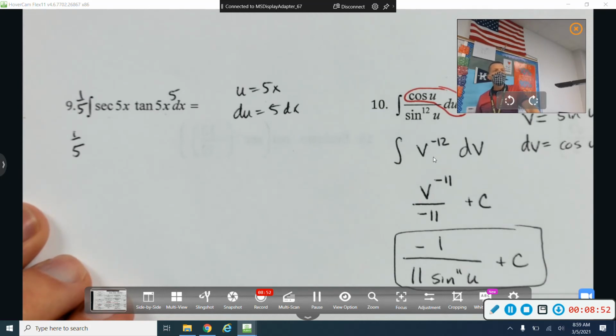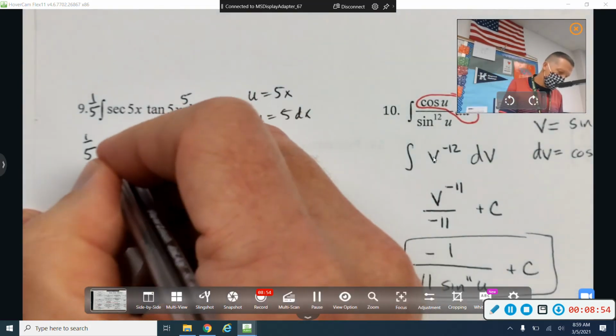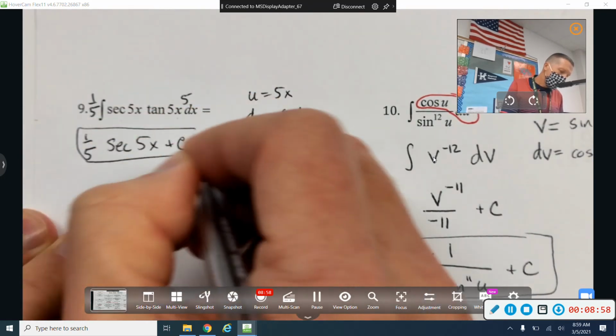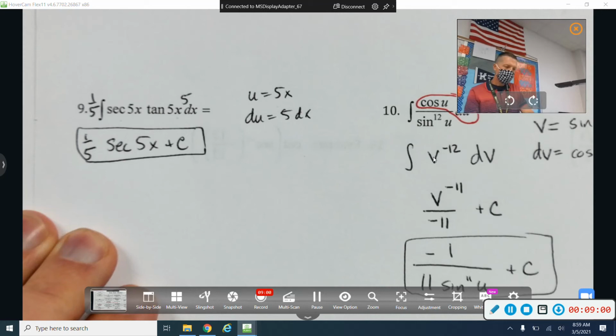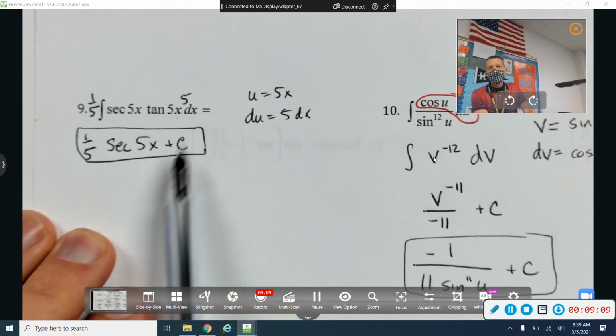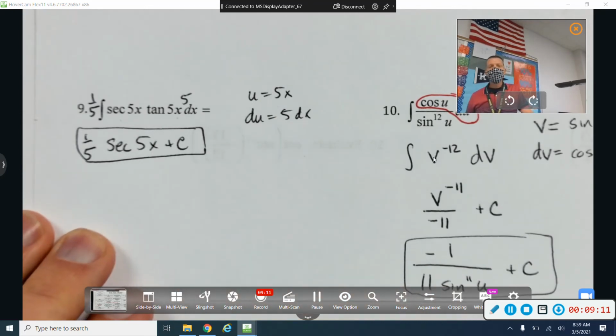Just secant. Again, some people wouldn't even show the u du stuff because they could just undo the 5 bit on their own.